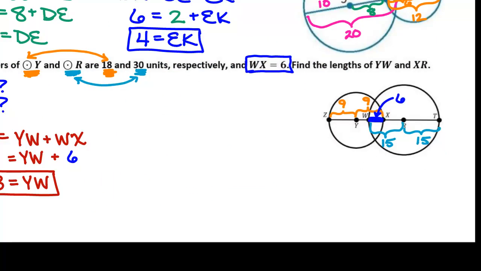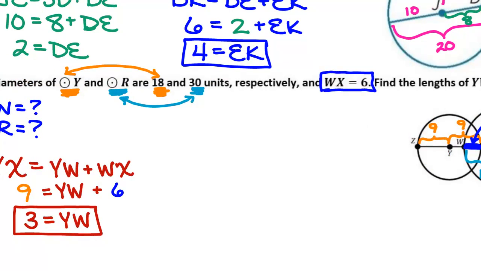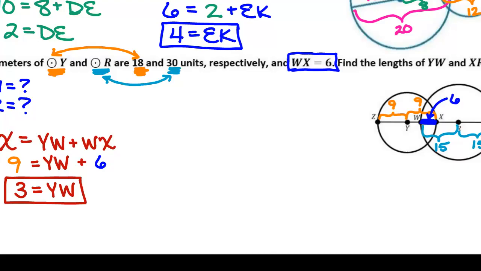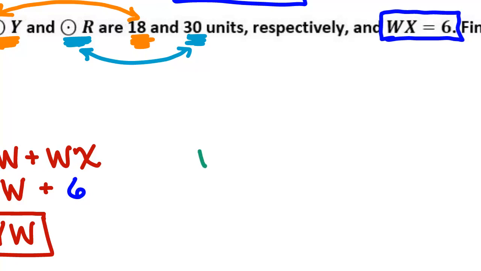All right, now we still need XR. So what's the big segment that I would want to look at if I'm trying to find XR? RT would be this over here. Is that made up of smaller segments? Does it contain XR? WR contains the segment that I'm looking for. So WR is equal to what smaller segments put together?